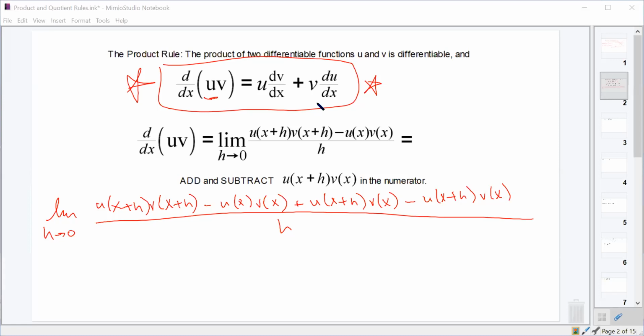So anybody have any idea on which one they want to combine with this term, this u of x plus h v of x plus h? We can subtract the last two terms.